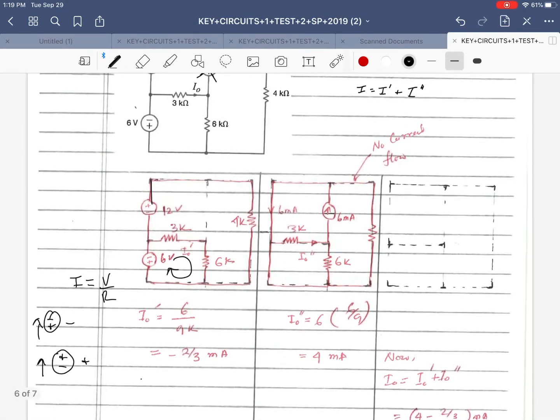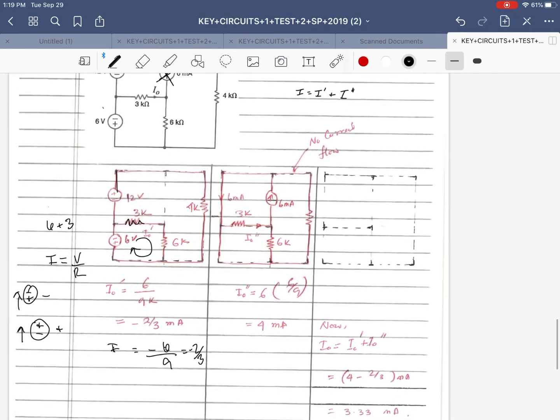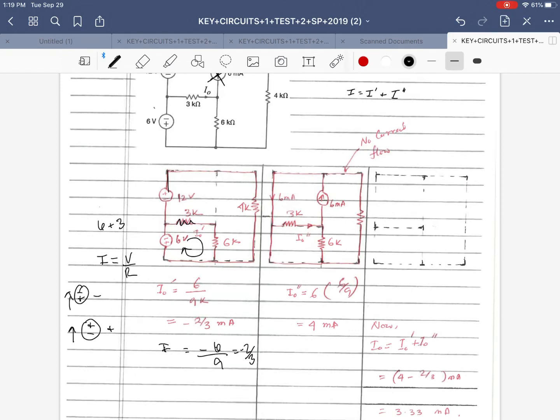And so going up through there, I is going to equal a negative. The voltage is 6, and then the resistance, these are in series here, so you can do 6 plus 3, which is 9, and that's how we end up with 2 over 3. Don't forget your units.